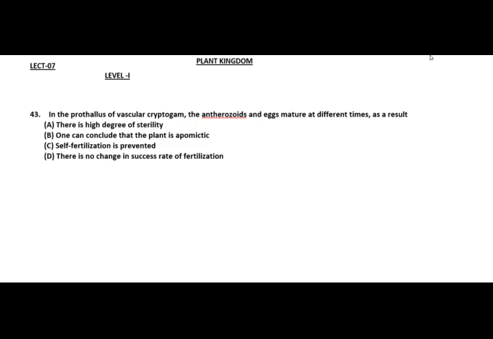The next question, in the prothallus of vascular cryptogam, the antherozoids and eggs mature at different times. Here the vascular cryptogam is pteridophytes, the group Pteridophyta.